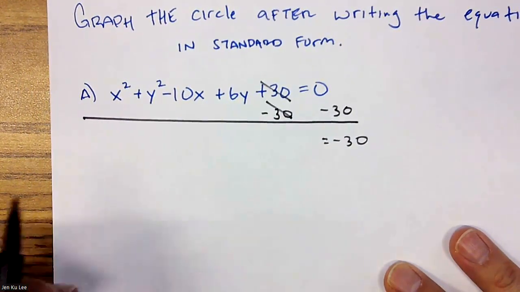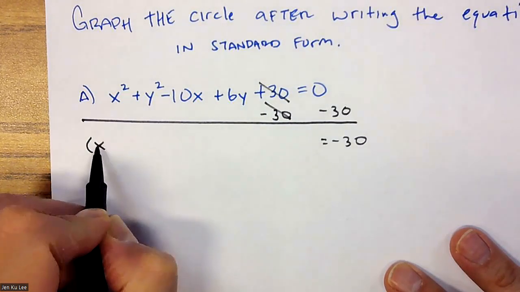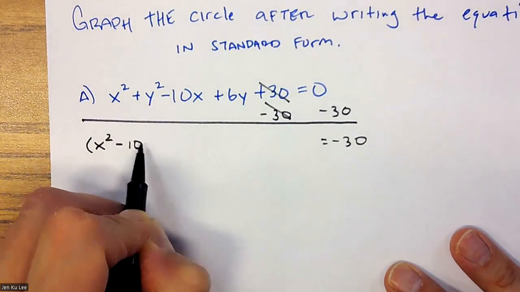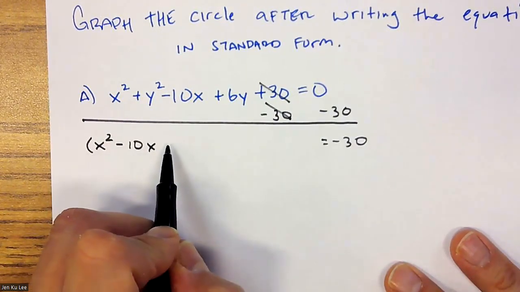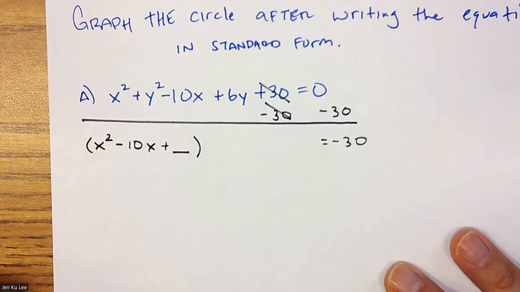So I see an x squared, I see a -10x. So x squared minus 10x. Gather them up. I'm gonna put a little space here because I know I'm gonna complete the square.